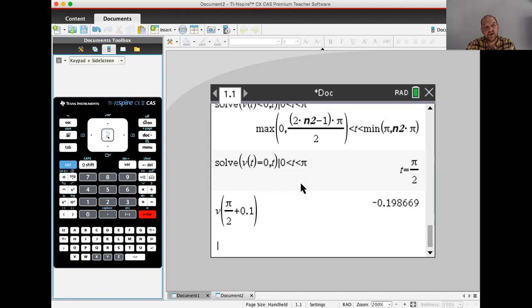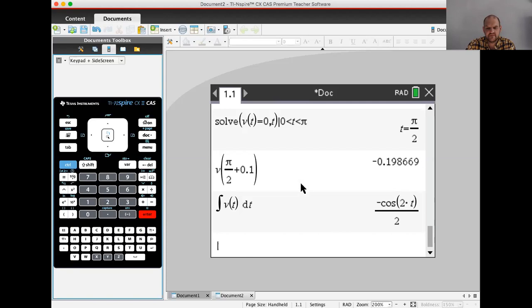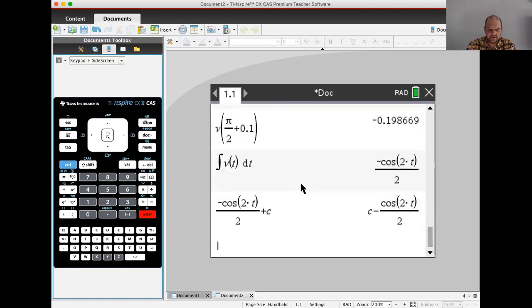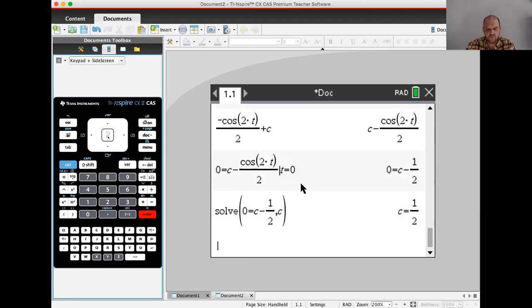Expression. So I'm going to do the integral of v of t with respect to t. Get this. And then I need to do plus c, and then say 0 equals the answer such that t equals 0, and solve that for c. This is a weird way to do this.